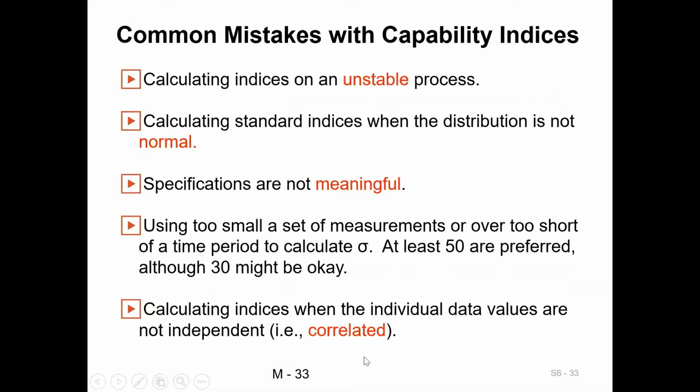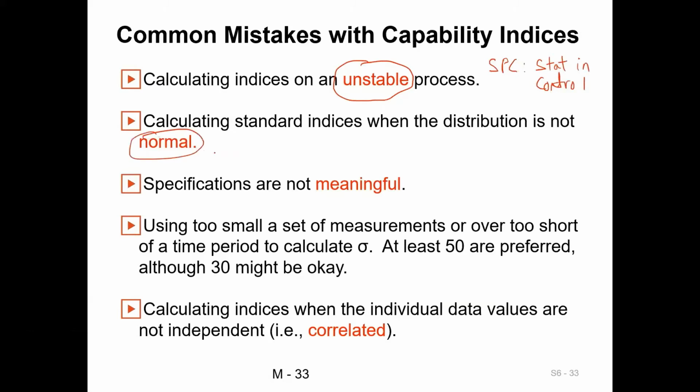Some common mistakes when you do CPK or CP: an unstable process. The process must be stable. From SPC, we call it must be statistically in control before we talk about calculating CP, CPK. If statistically out of control, you can't. Second, the data must be normal.